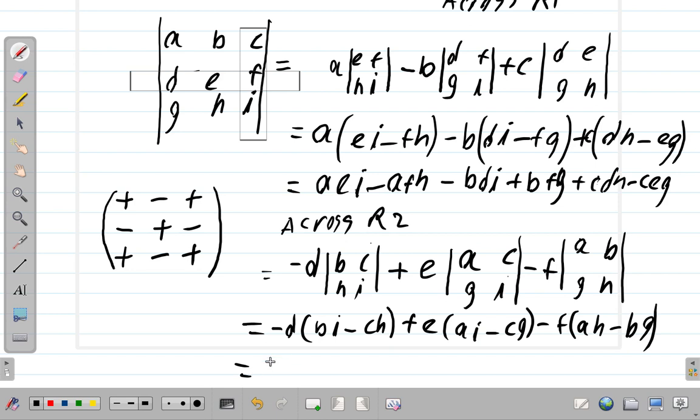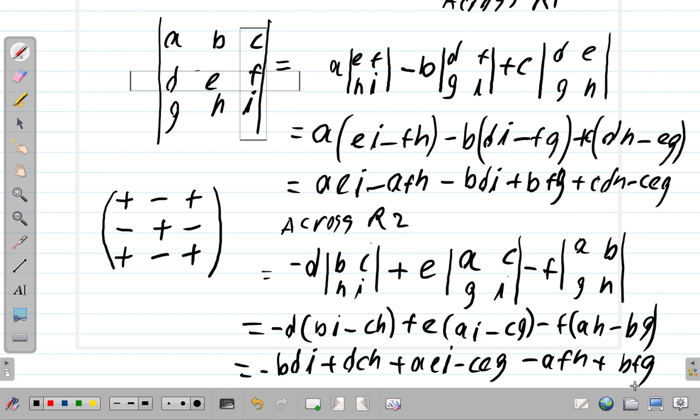So what you end up with here is negative BDI plus BCH plus AEI minus CEG minus AFH plus BFG. Right? So that's what you have there.